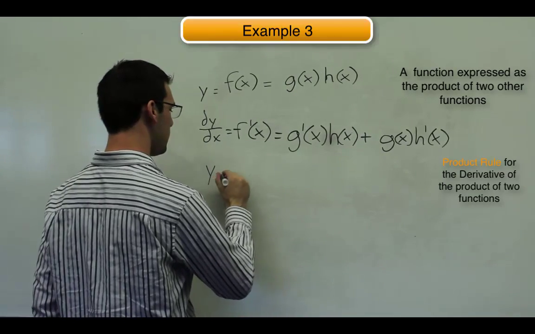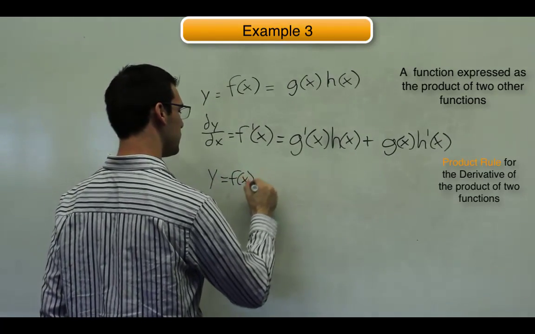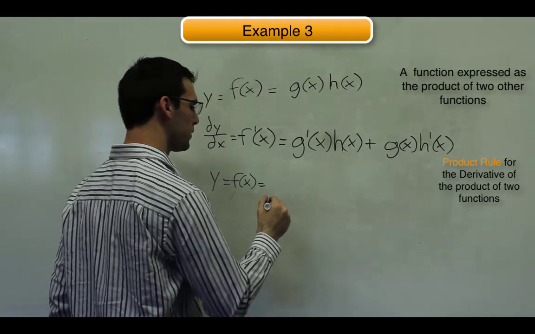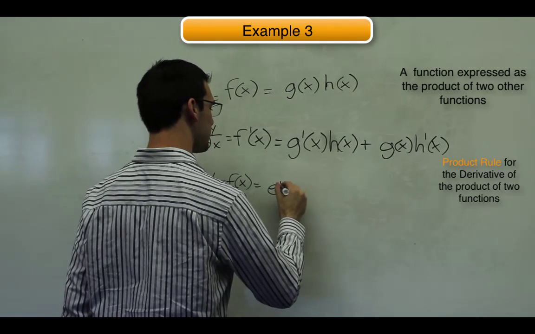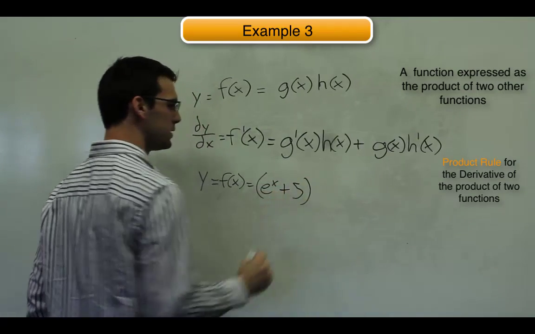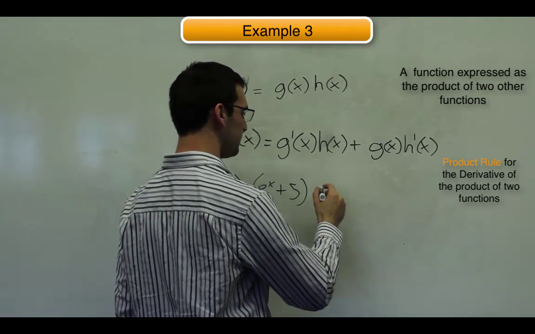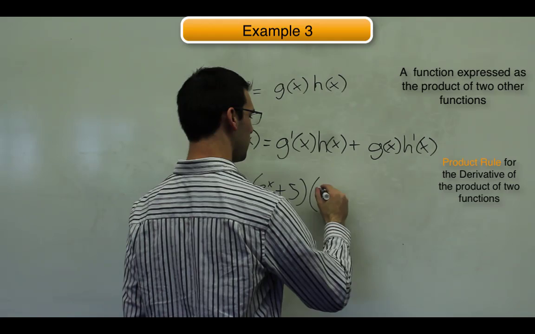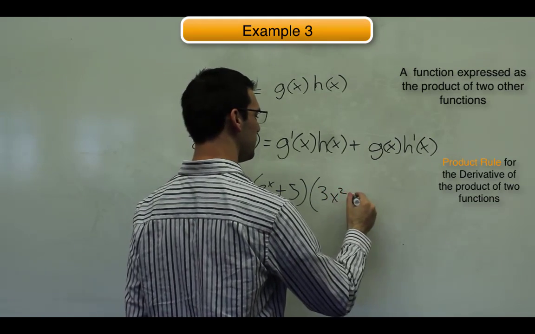Suppose y equals f of x equals e to the x plus 5 times 3x squared plus 2.